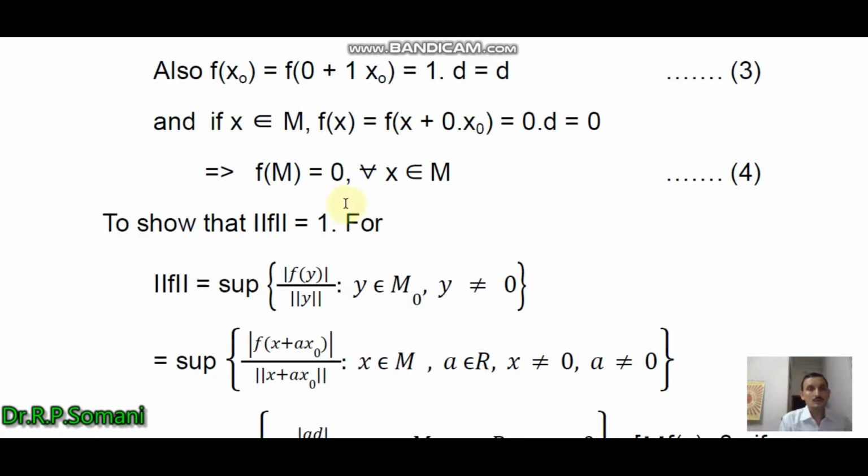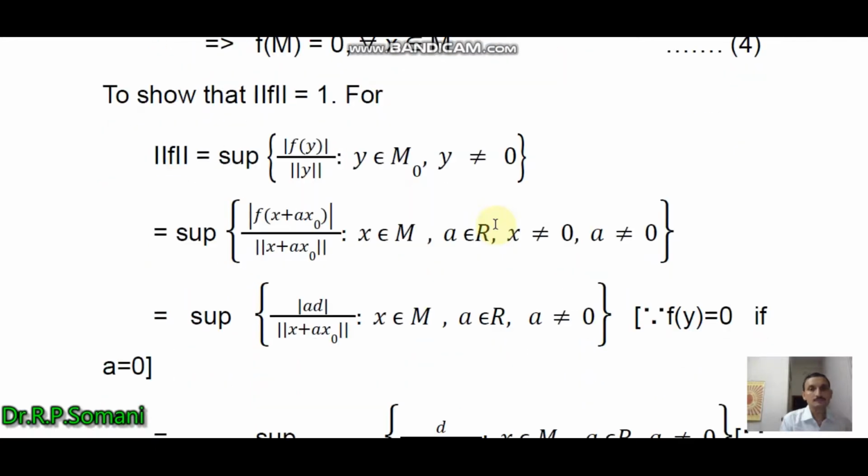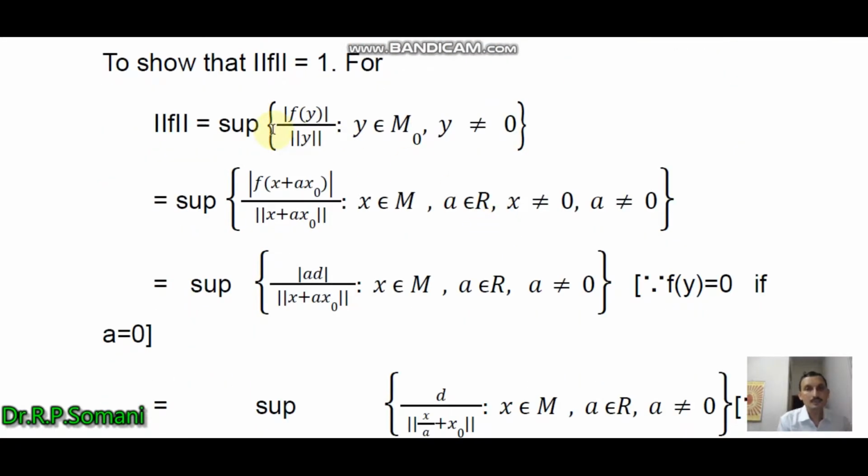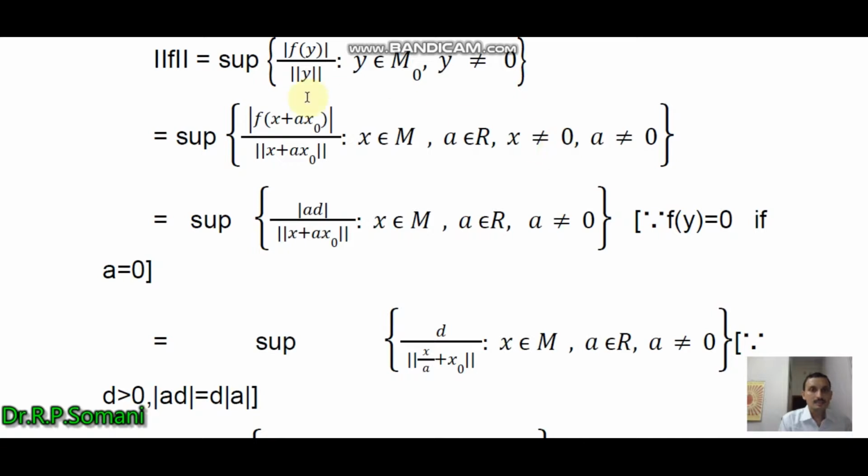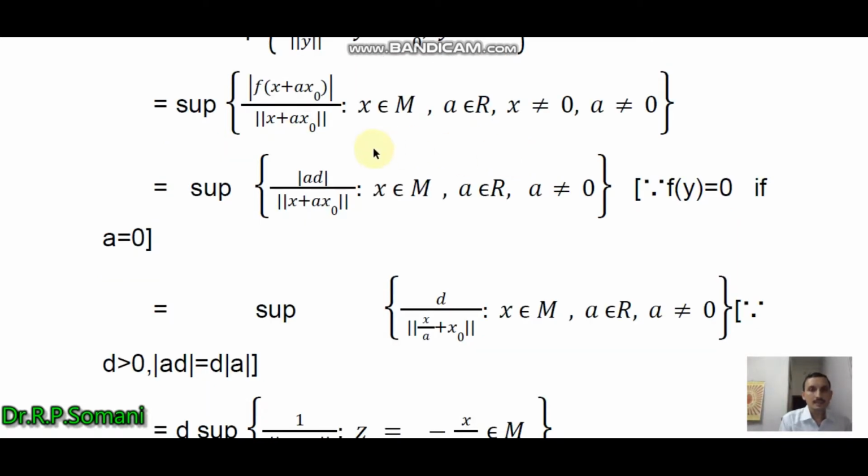Now we show that the norm of f equal to 1. For this, we calculate in this way: norm f equal to the supremum of modulus f(y) upon norm y, such that y belongs to M0 and y is not equal to 0. And then this is equal to the supremum, where the value of y is x plus a x0, we put here, and now apply the definition of f(x plus a x0).